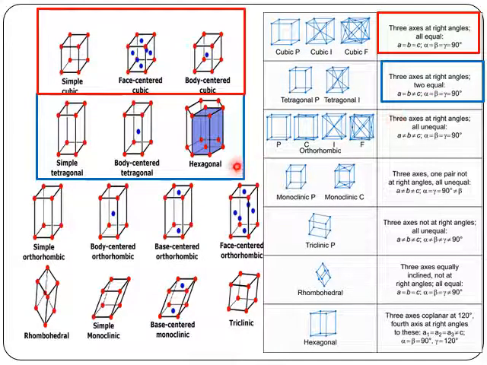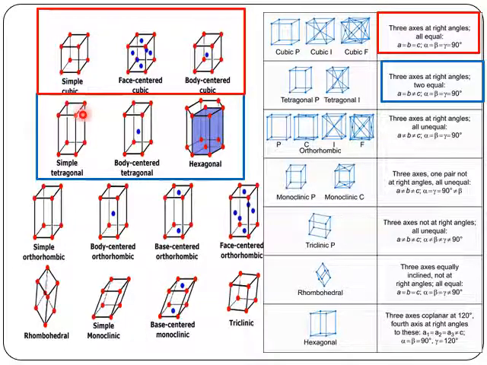That is a is equal to b, but c is not equal to a, b. If you take the same cube, it is elongated in this direction. So that one is a tetragonal.